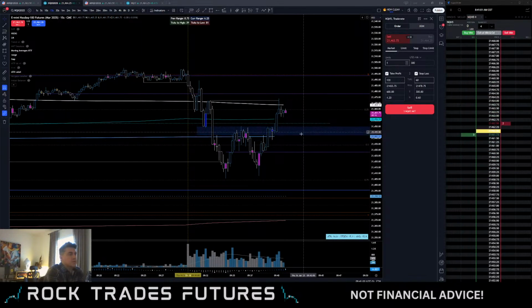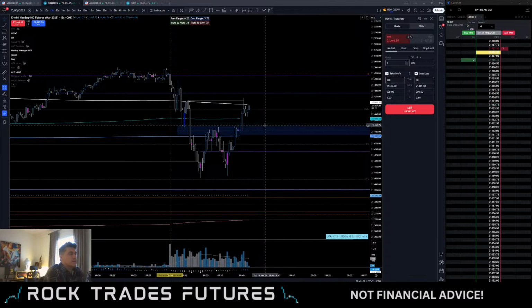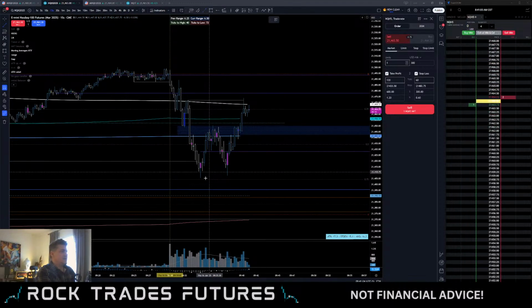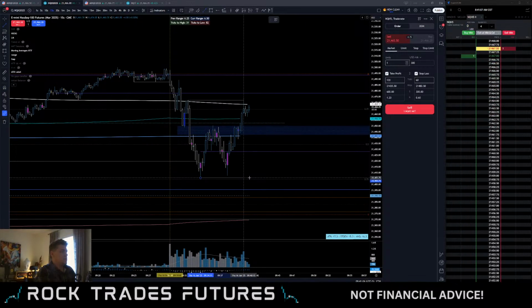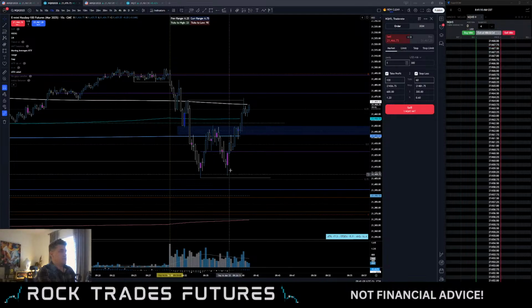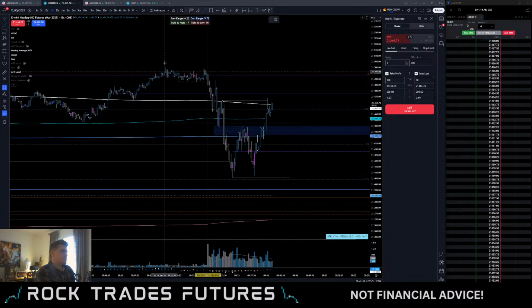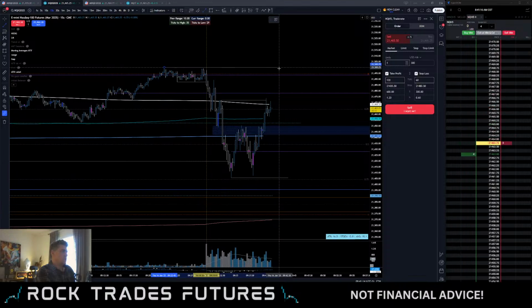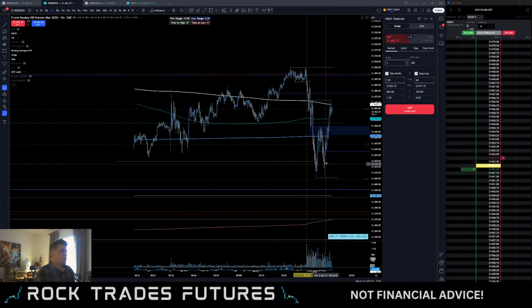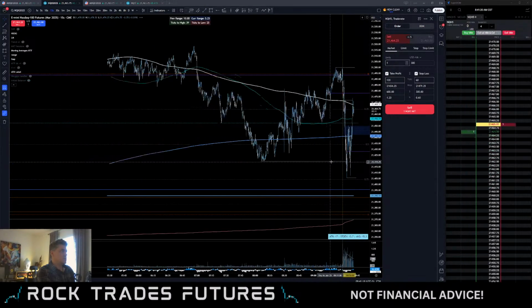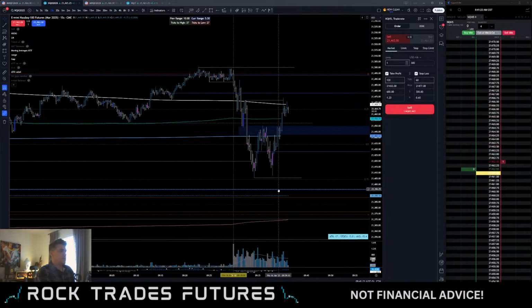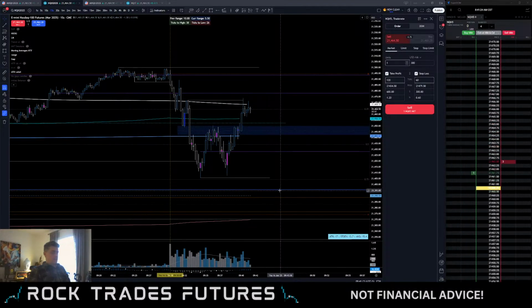So we're above the initial imbalance now. We got these nice looking relative equal lows here, almost like a type of inducement. What we could be getting ready to do is not super obvious to me yet, so I'm not even going to have my finger on the mouse currently.